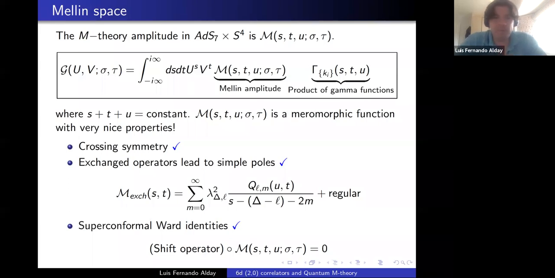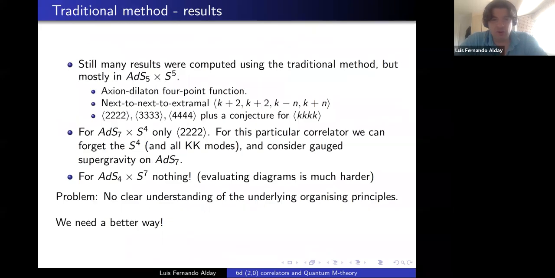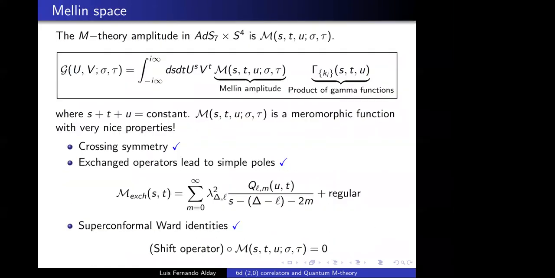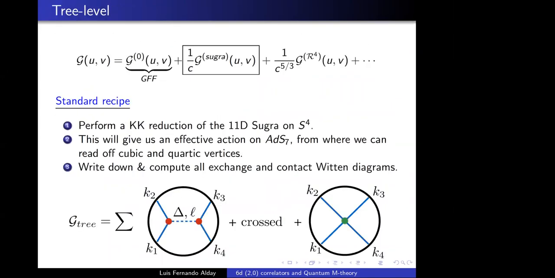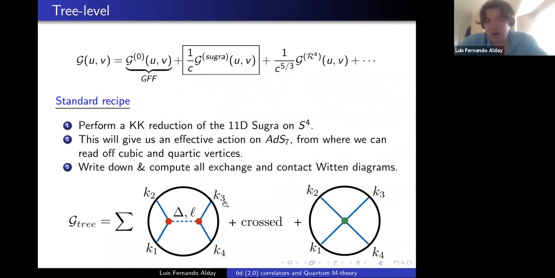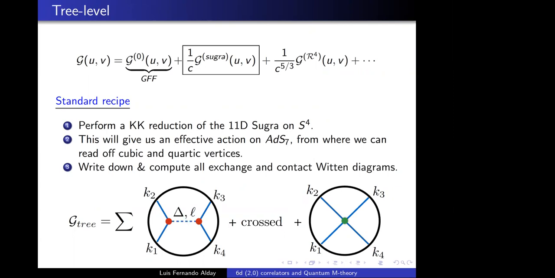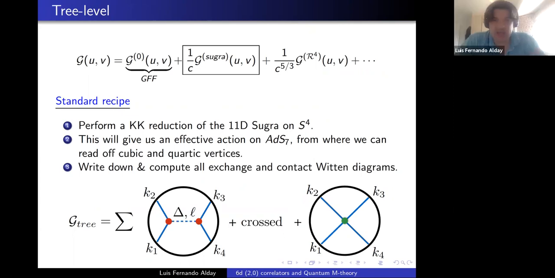In principle, all of these have different cubic couplings. So you have to sum over all exchange Witten diagrams, but the intermediate fields can have spin 0, spin 1, spin 2, and they are all the fields that you can exchange in the 11-dimensional supergravity multiplet.